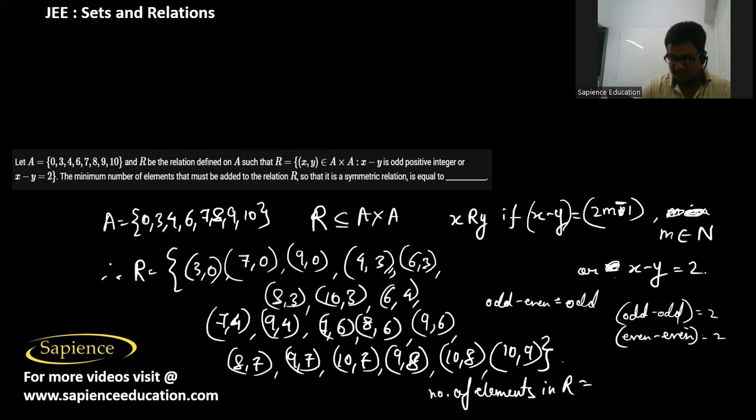Okay. 10 comma 0 we can take, and then 9 comma 0. Let me count again: 1, 2, 3, 4, 5, 6, 7, 8, 9, 10, 11, 12, 13, 14, 15, 16. Okay.